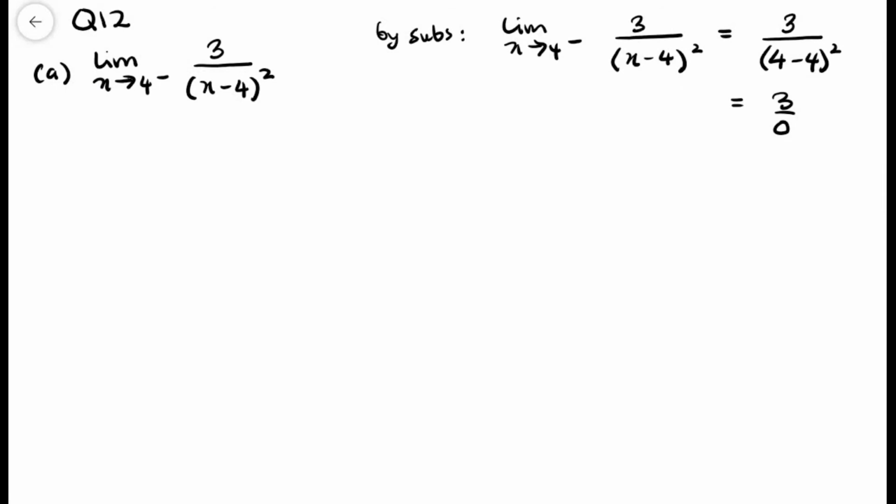When you have 3 divided by 0, this is not the final answer. There is a method that I created: the answer would be either positive infinity or negative infinity.